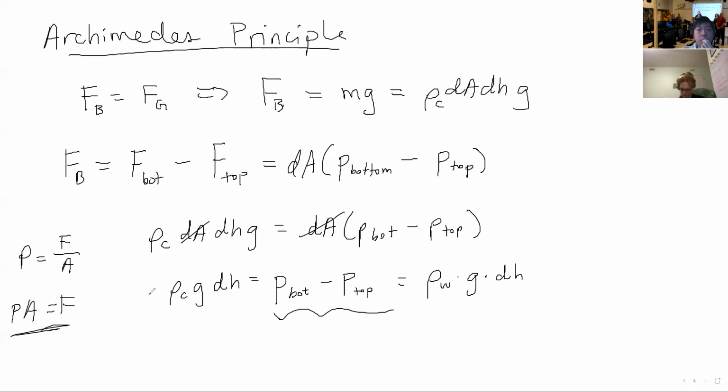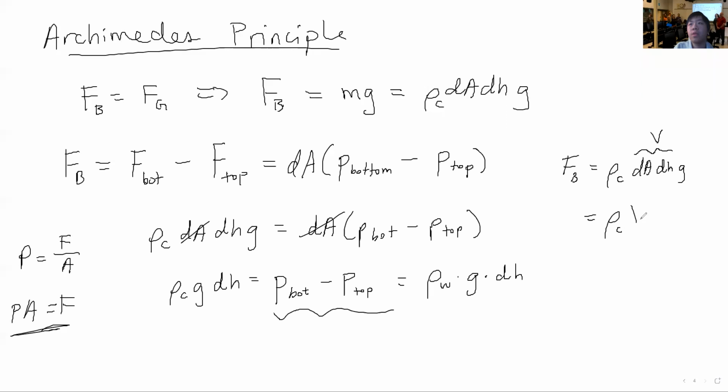So FB is equal to, and this is equal to volume, right? So this is equal to rho times V times G.